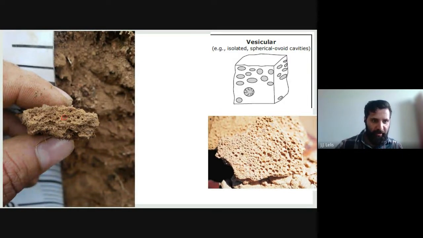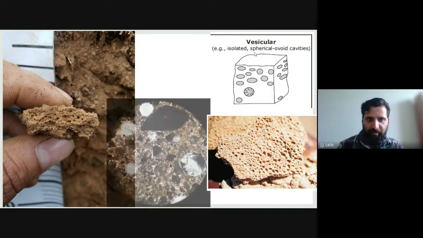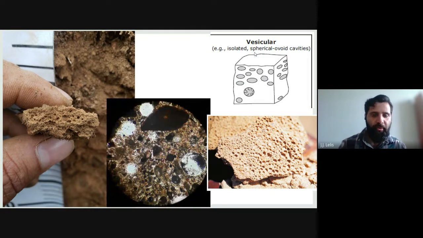You can see here, and we have different sizes. And in this photo, you can see several voids that present an ovoid or spherical shape. They are vesicular voids. And we also can see this in micromorphological thin sections like this.